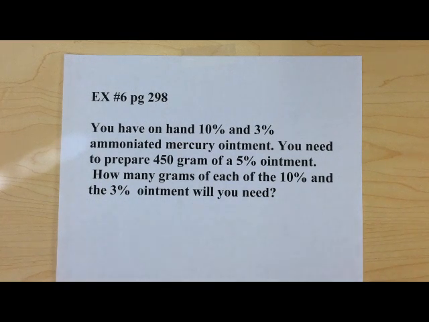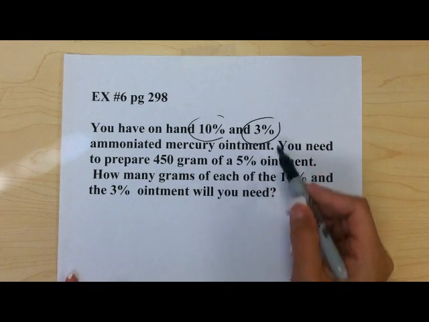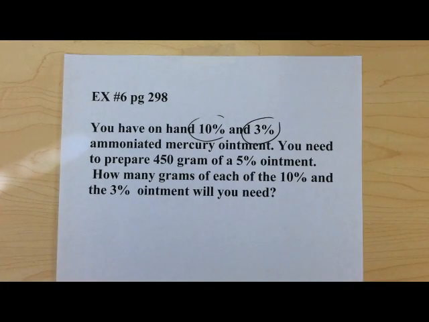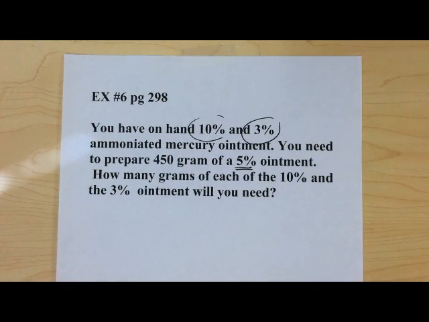So here we have on hand a 10% and a 3% of this ammoniated mercury ointment. We need to prepare 450 grams of a 5% ointment. So we want to know how many grams of each of both the 10% and the 3% we will need to add. So in this method, you can set it up.